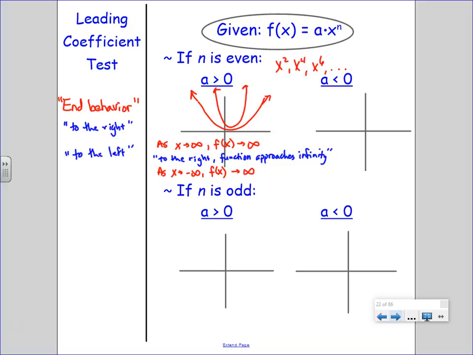Now what if a is negative? Doesn't matter if it's a somewhat wide parabola or a super steep parabola, whatever the even powers are. If a is negative, how would you guys finish the statement as x approaches positive infinity, f of x approaches? Yeah, as you push to the right, where's the function going?